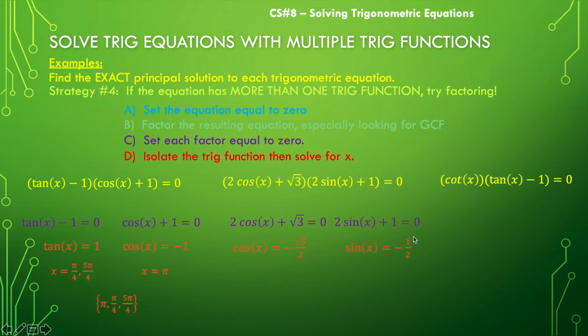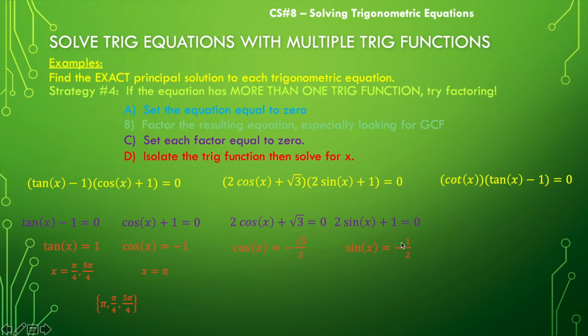So we would end up here with cosine of x is equal to negative square root of 3 over 2, and sine of x is equal to negative 1/2. Now, thinking about our unit circle, which angles there have an x-coordinate of negative root 3 over 2? Okay, and so that's going to be 5 pi over 6 and 7 pi over 6 for this equation.